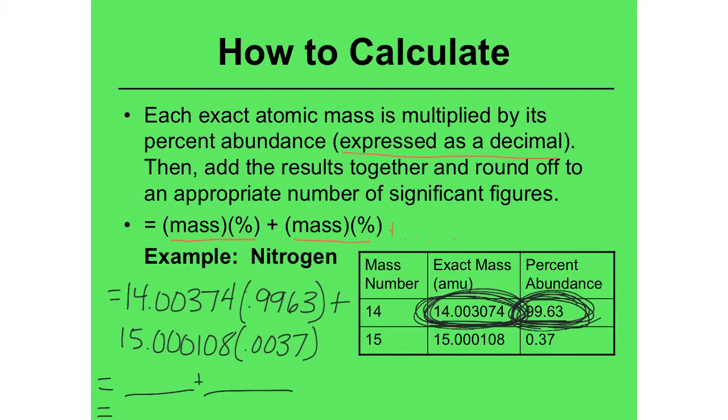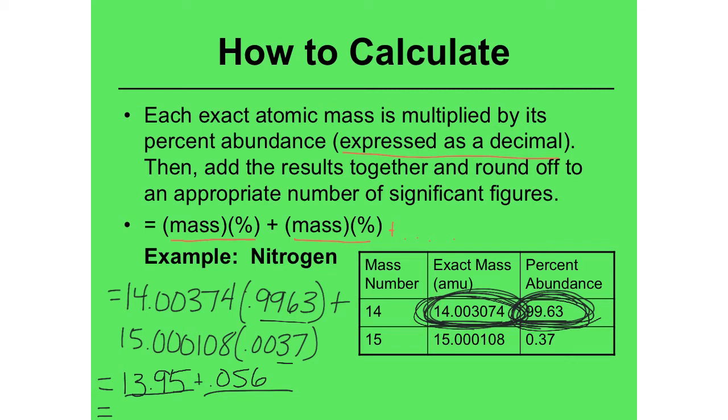Okay, so now we just put this into our calculator. We have to type this all in. For the first value, 14.00374 times 0.9963 gives us 13.95 plus some additional digits, but we want 4 significant figures, so we're good with 13.95. Then we do the 15 number, but again, we have to type in the whole thing: 15.000108 times 0.0037 gives us 0.056.